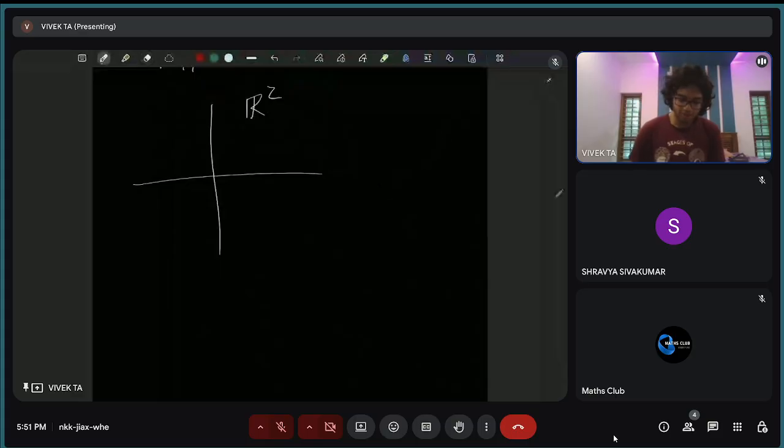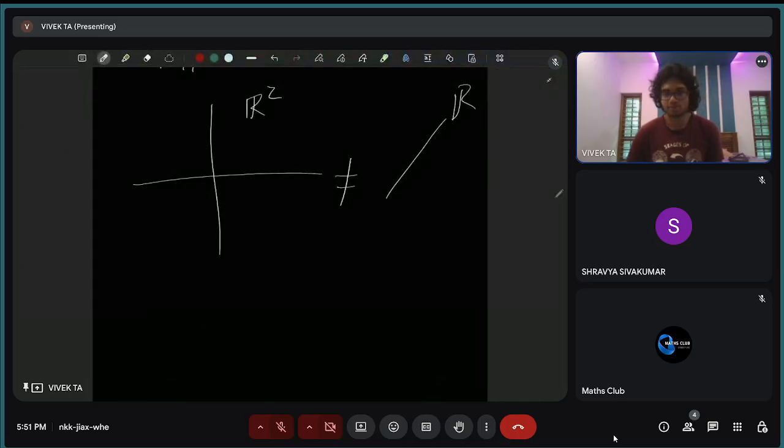How can you differentiate between these two? Like, how can you say they are not equal? Can you maybe think of some kind of tool to tell me if they are equal or not?